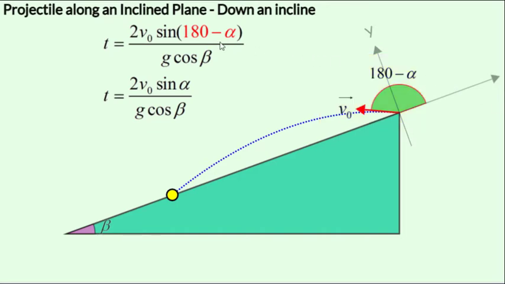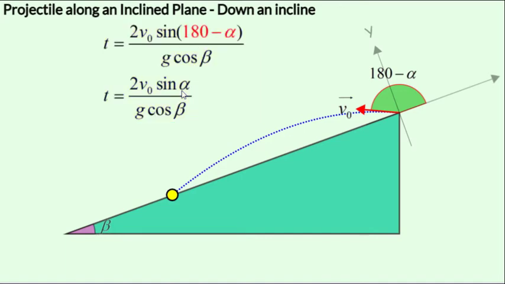So if we substitute 180 minus alpha into the equation for the time of flight, we would obtain the time of flight as 2v0 sine of alpha over g cos of beta, which is exactly the same as when launching it up the incline. This is since sine of 180 minus alpha is sine of alpha.